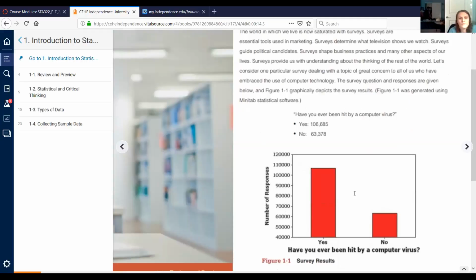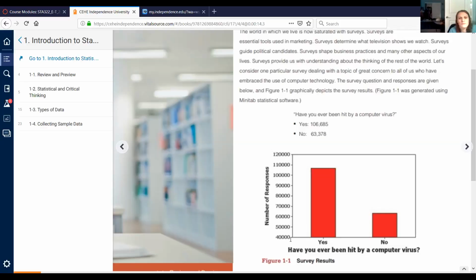So anyway, this is one representation of the data. And it looks like the yeses are about 3 times the no's. Well, if we look at the raw data, the yeses are only about 60% higher. So something's wrong here with the way this is presented. This is a real common trick in statistics and in people who use these kinds of data.